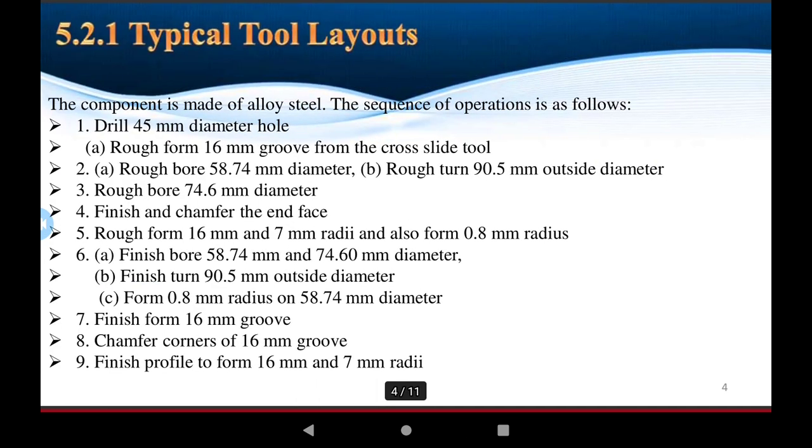And the typical tool layout, this is the tool layout. The components are made of alloy steels. The sequence of operations is as follows: the drill. The machine consists of tools. The drill tool makes the 45 diameter of holes.